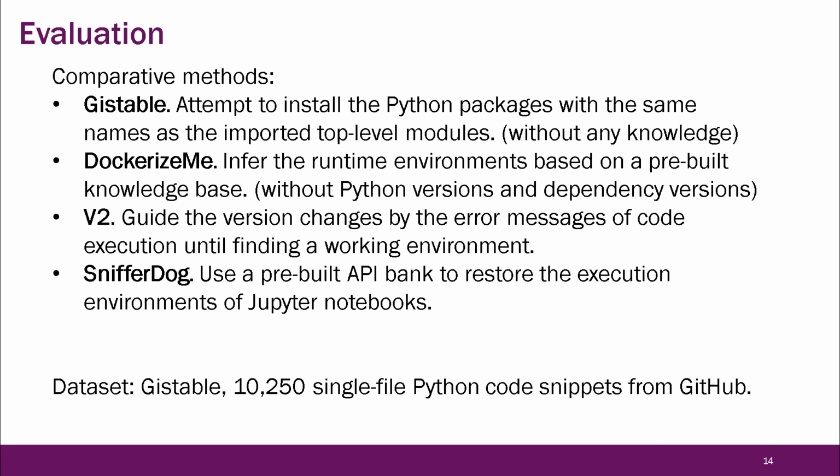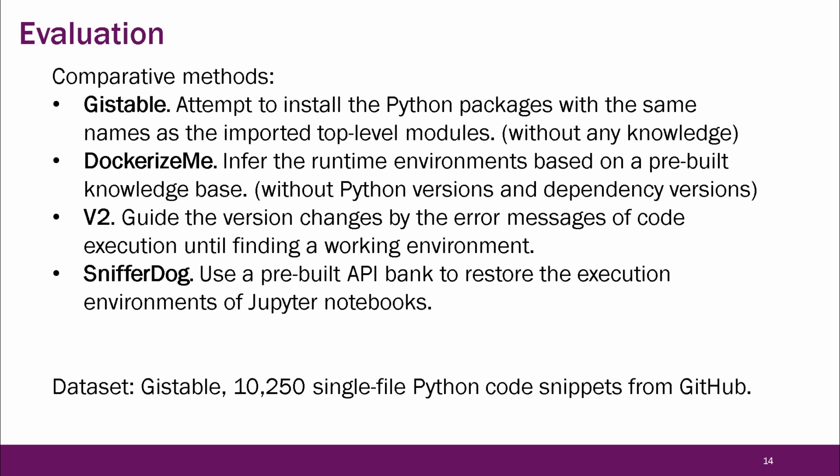Third is V2, which reuses the inference results of Docker.me as the starting environments in Python 2 and Python 3, and guides the version changes by the error messages from code execution until finding a working environment. The last is SnifferDog, which uses a pre-built API bank to restore the execution environments of notebooks.